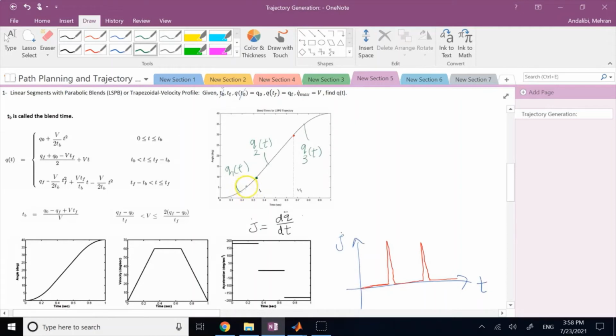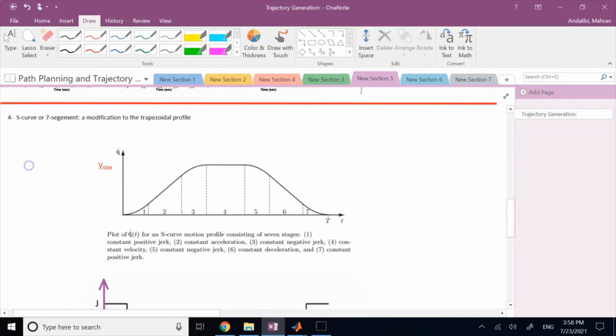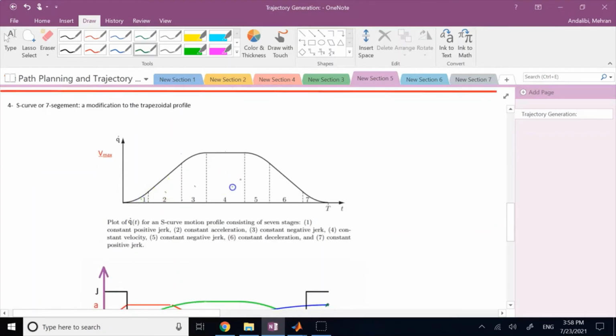You had part 1 between 0 to t blend, between t blend to t final minus t blend, and between t final minus t blend and t final. So you only had 3 segments. Now your motion has 7 parts. So that's another name that they call it, a 7-segment profile.